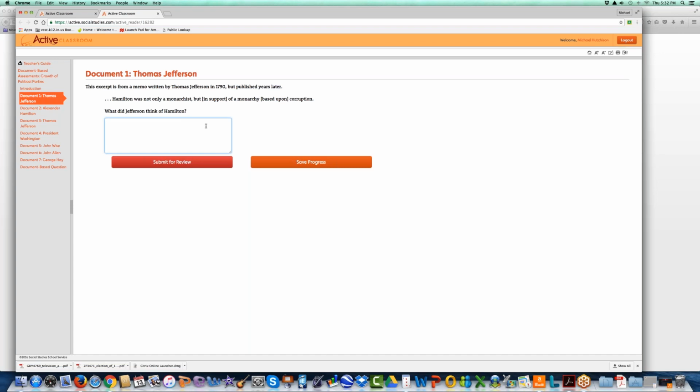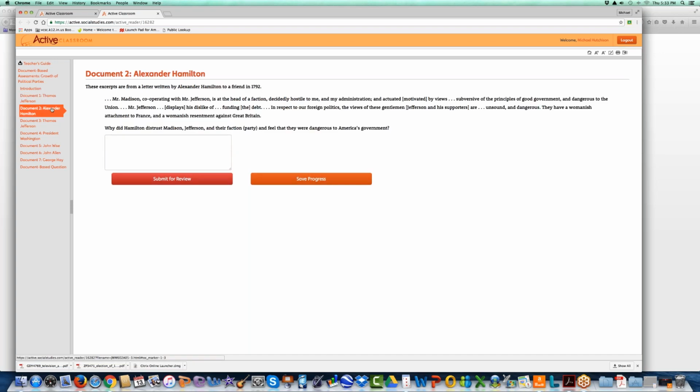Well, I can imagine they're probably going to say Jefferson did not think very highly of Alexander Hamilton, even though he does have a musical named after him. Now, in response to that, here's a short excerpt from a writing from Hamilton about Madison and Jefferson. So they get the idea that the feeling is mutual here.